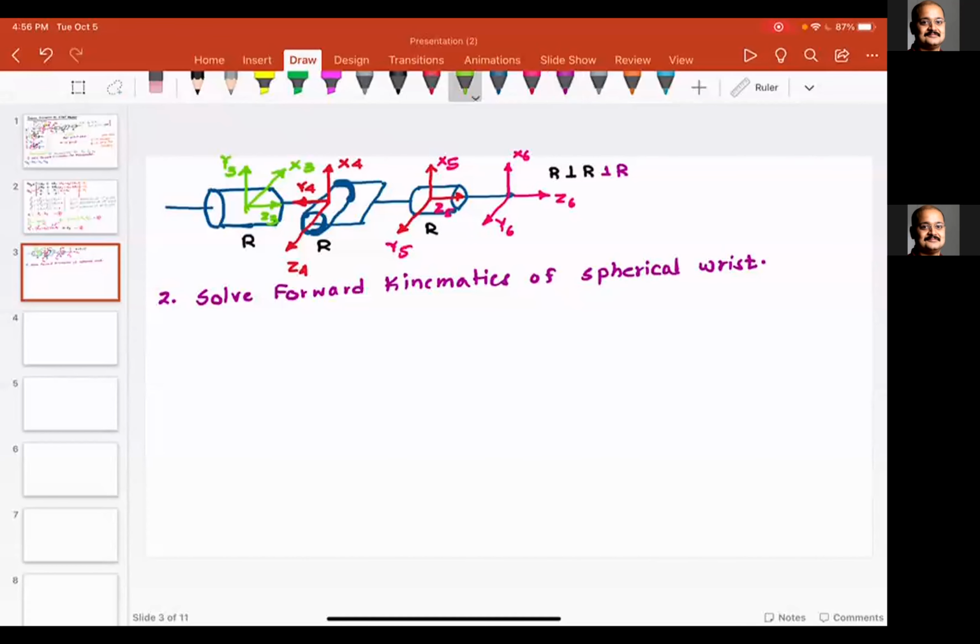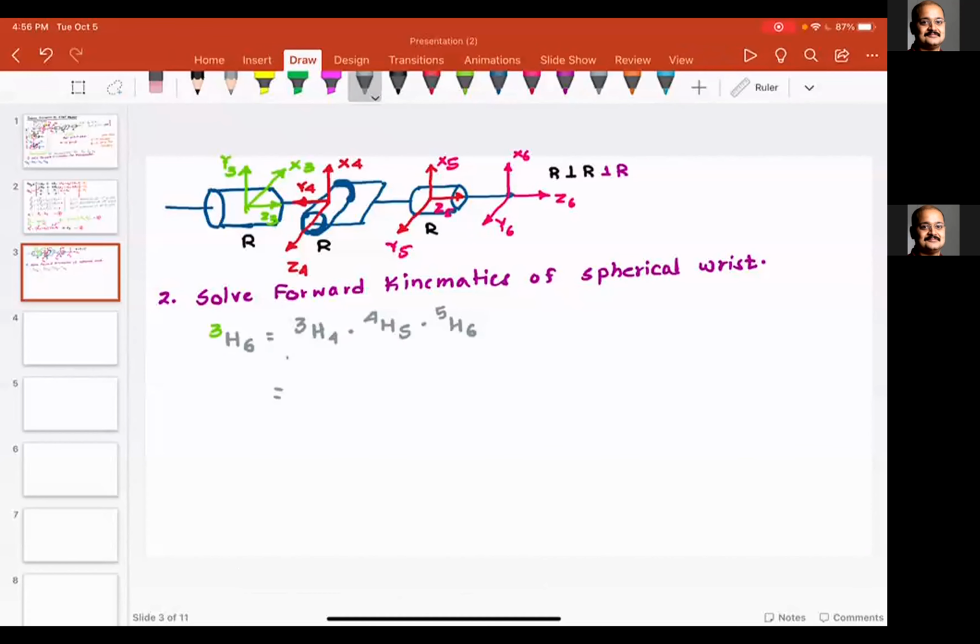Now, for the forward kinematics of the spherical wrist, what you need to do is find 3H6, which will be 3H4 multiplied by 4H5 multiplied by 5H6.